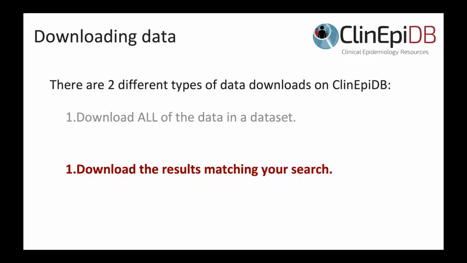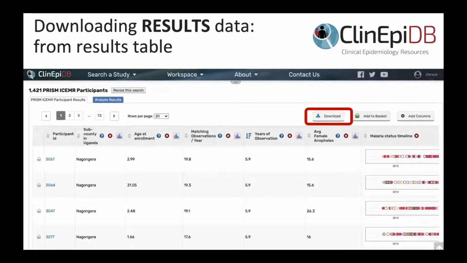Okay, now let's move on to downloading your results from the searches that you perform. So you go in and you've performed a search using the search wizard, and you have some results that you're really interested in.